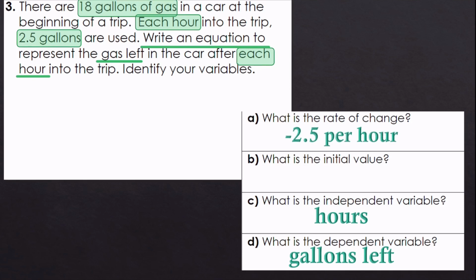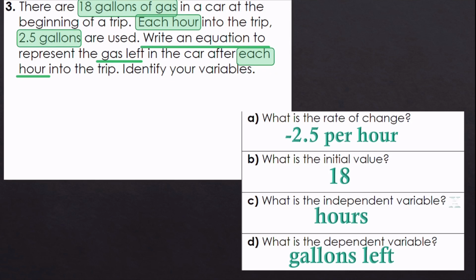But notice something, okay? I'm not gaining that gas per hour. My gas is going to be going down per hour. So it's important that you emphasize that the rate at which it's changing is negative 2.5. It's going down 2.5 every hour. Well, what did it start with? It started with 18 gallons.